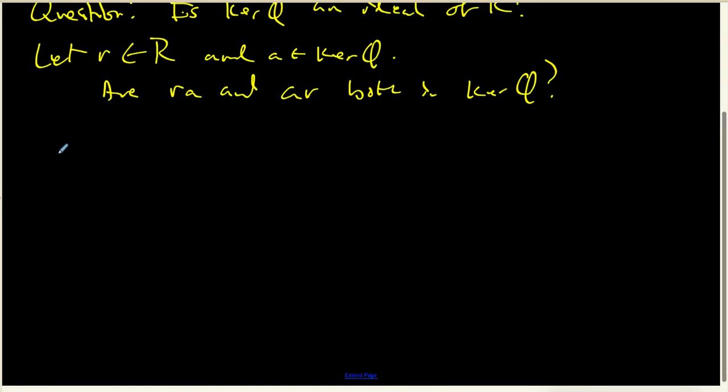To figure out whether or not something is in the kernel of phi, we let phi eat it and we figure out what happens to it. Well, if I look at phi of ra, that's going to be phi of r times phi of a, because phi is a ring homomorphism.